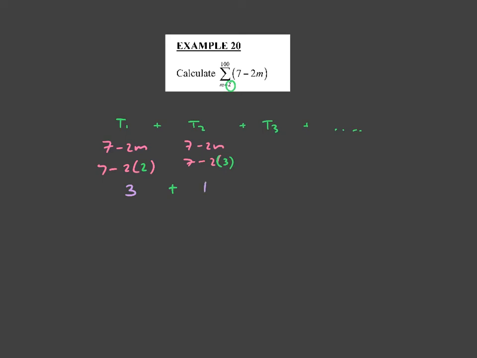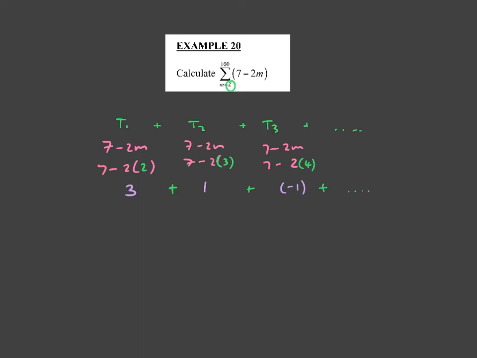Let's keep on going. And then we've got 7 minus 2m again, after 3 is 4, so it's 2 times 4, and 7 minus 8 is equal to minus 1. Right, and then this continues.